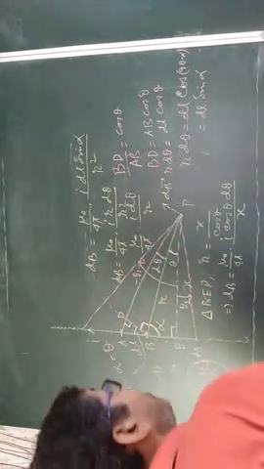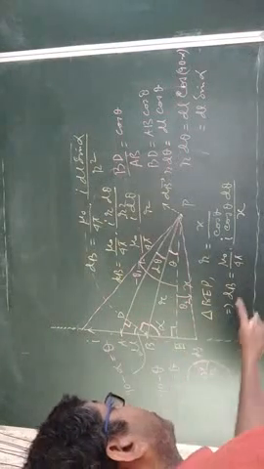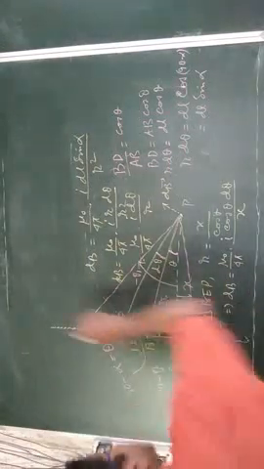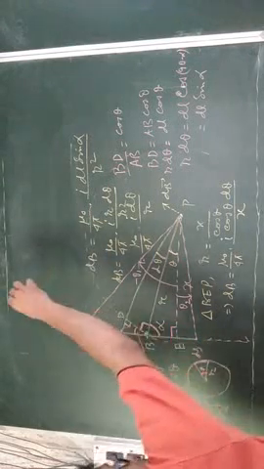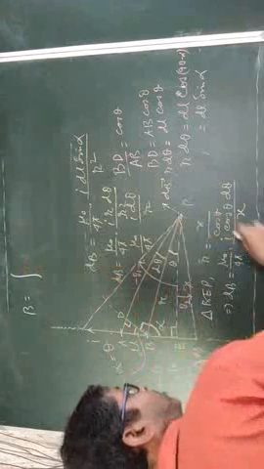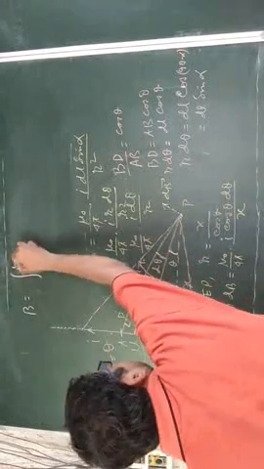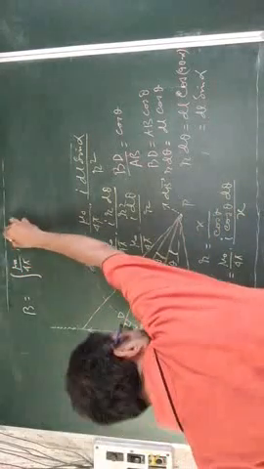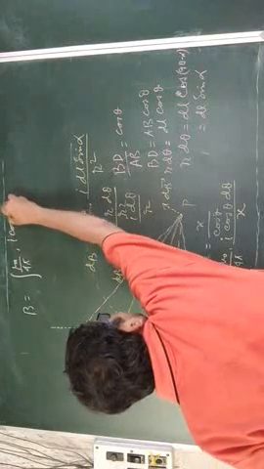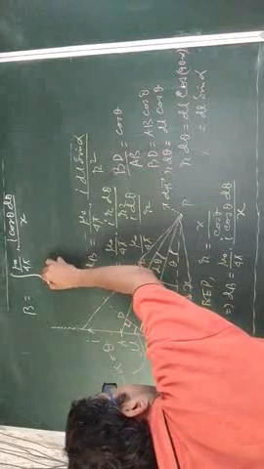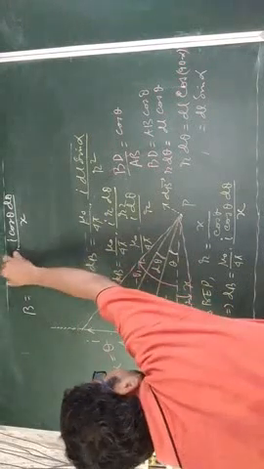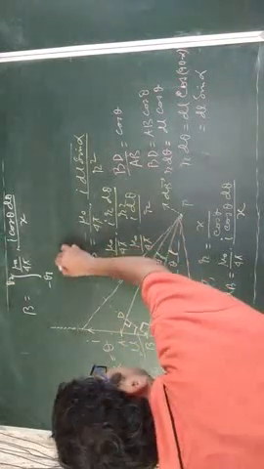So that means for the whole conductor, if we have to consider the total magnetic field, then we have to integrate it. So B is equal to integration of this expression, mu naught upon 4 pi I cos theta d theta by x, from minus theta 1 to theta 2.